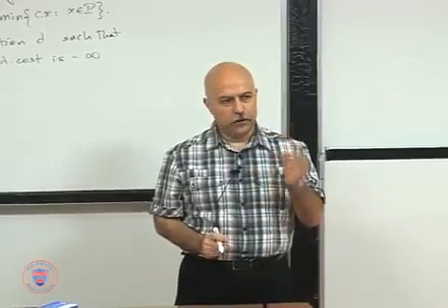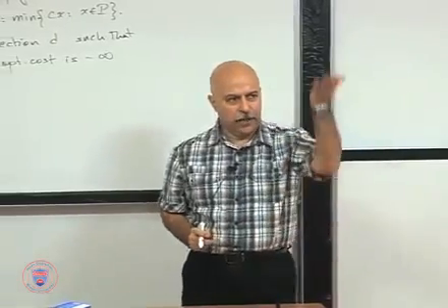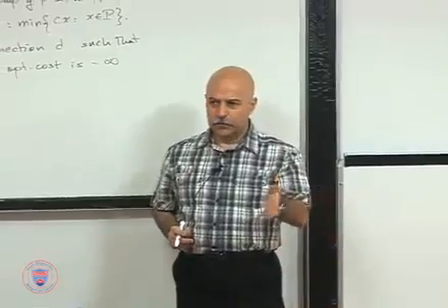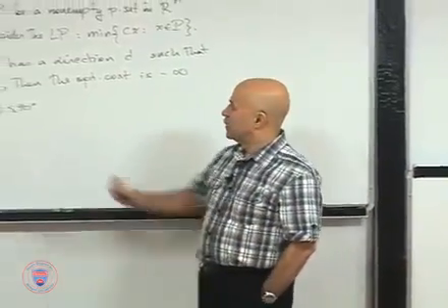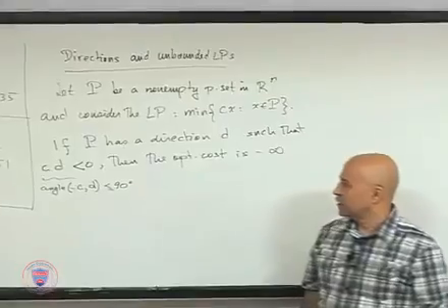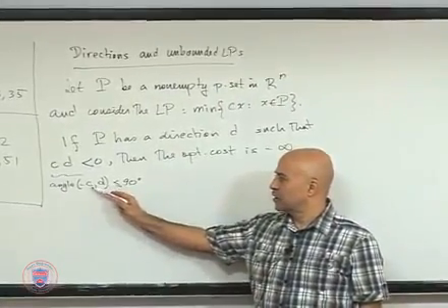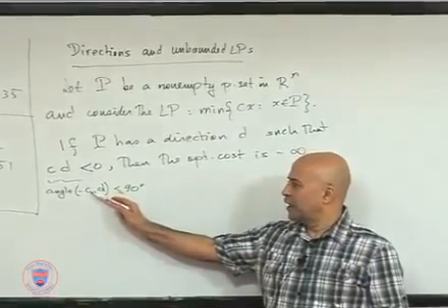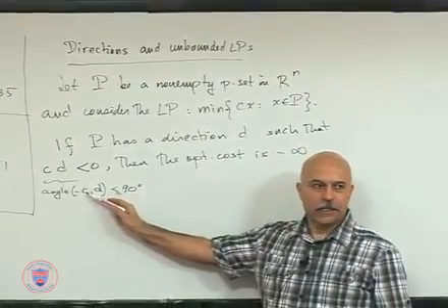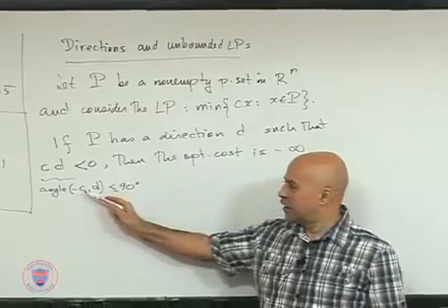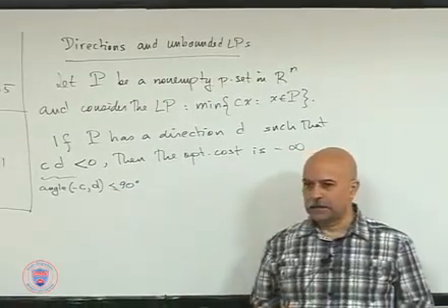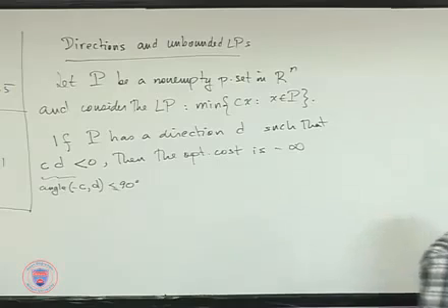If you move along the direction C, you go further up. If you move along the negative of the cost vector, you get smaller and smaller. So whenever you have a direction D whose angle to the negative cost vector is less than 90 degrees, you can get smaller and smaller indefinitely with no bound.